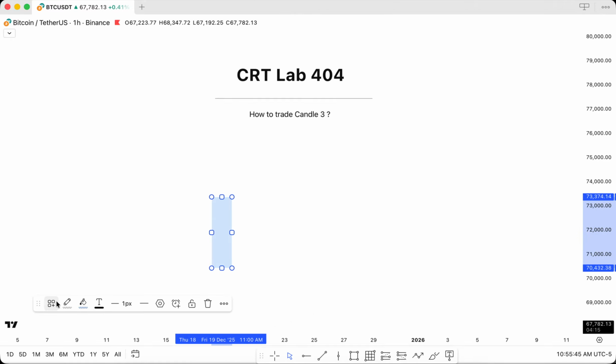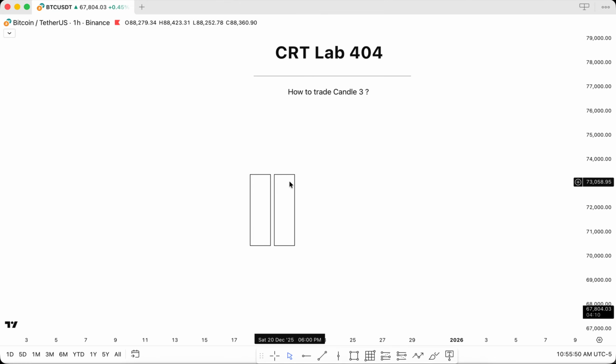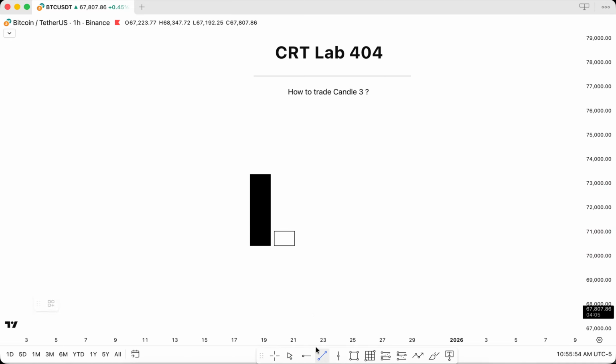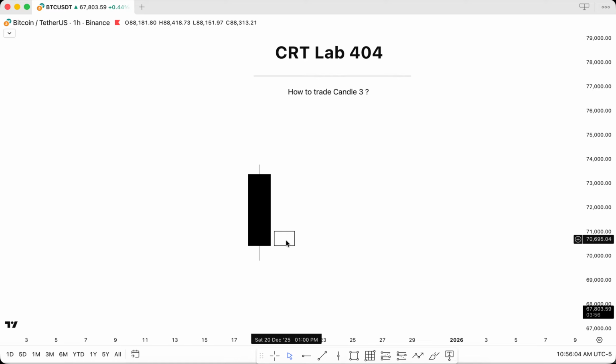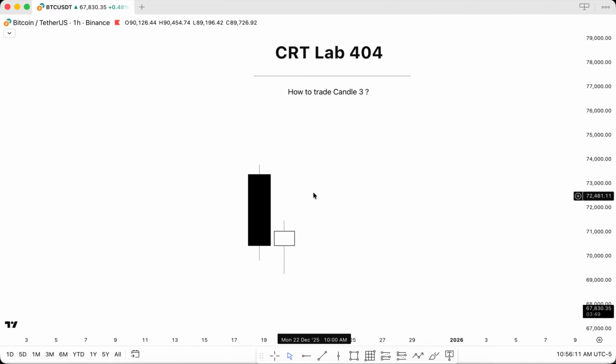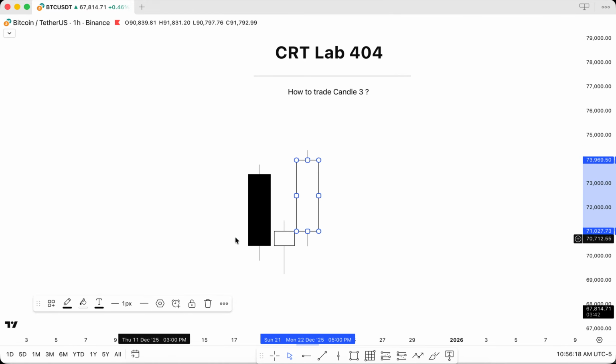Meaning, when you already know, and not know but see, that a reversal has occurred on the lower time frame inside candle number 2, meaning the high that took the low being flipped inside candle 2, what you have to do is just capture the expansion of candle number 3 by doing what?